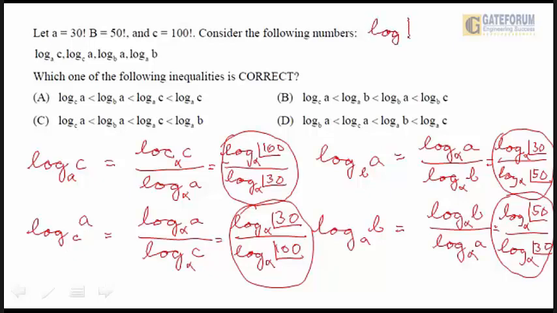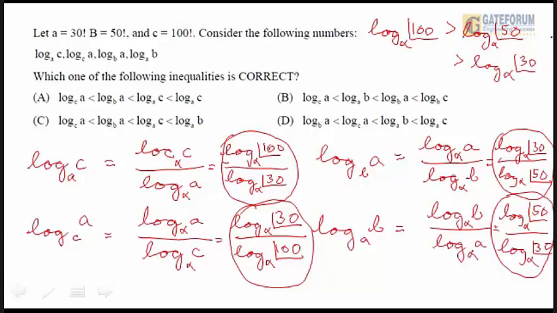Mind it, this is important. If they had different bases, then it might not have been so. But since we have made the bases the same, we can say that this is an absolute truth: log of 100 is greater than log of 50, which is greater than log of 30.